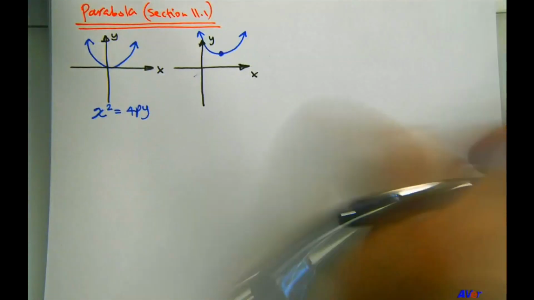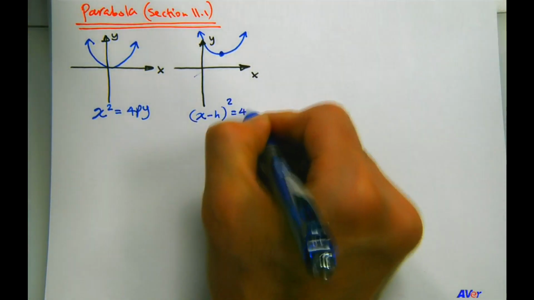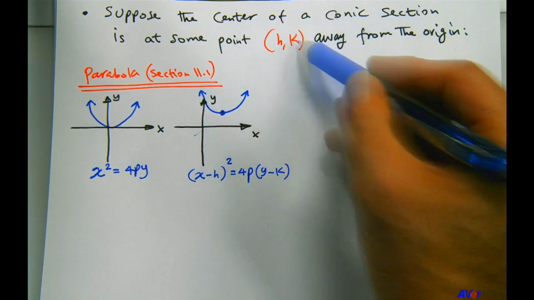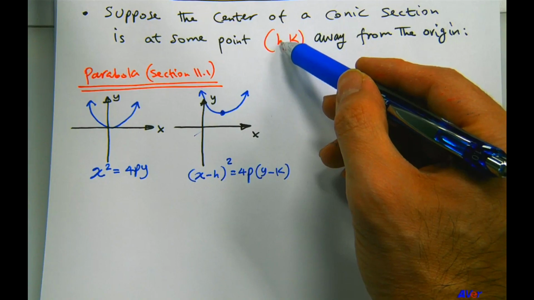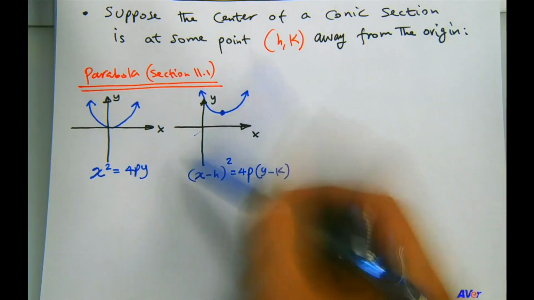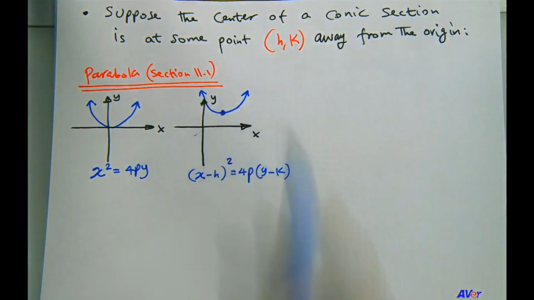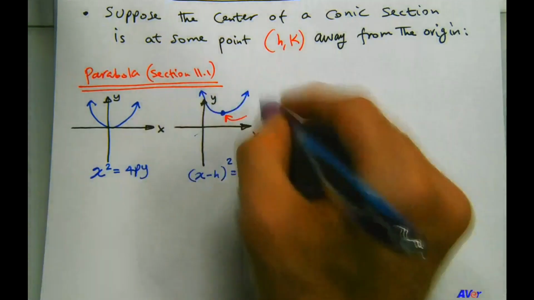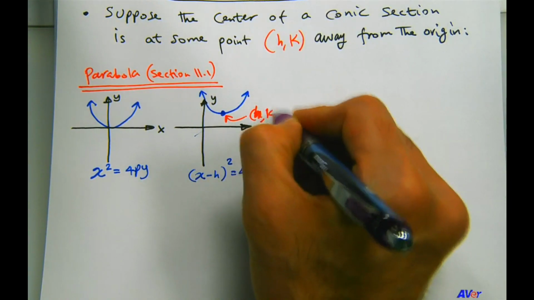So we will say that x minus h squared equals 4p times y minus k. Notice that the k is associated with the y-axis, and h is associated with the x-axis. So that's how you see the transition is taking account of the coordinates of the center. So here, the vertex, in this case, would be h comma k.